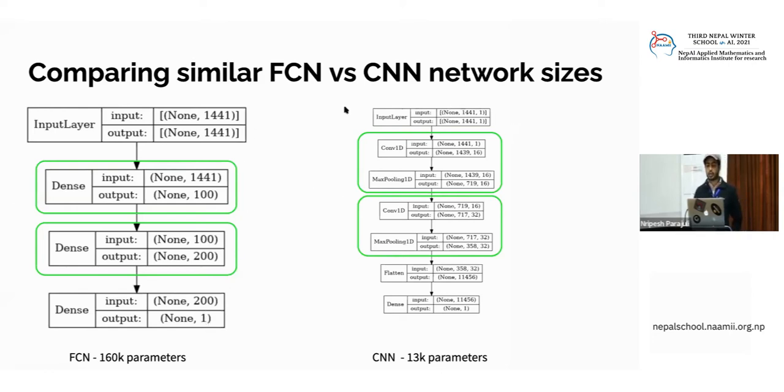But now we have a roughly similar convolutional neural network where, instead of dense layers, we have a convolutional layer and max pooling, then a convolutional layer and max pooling.